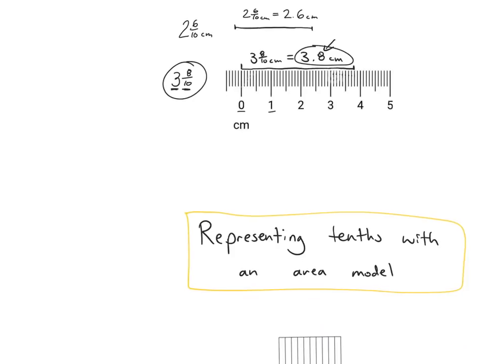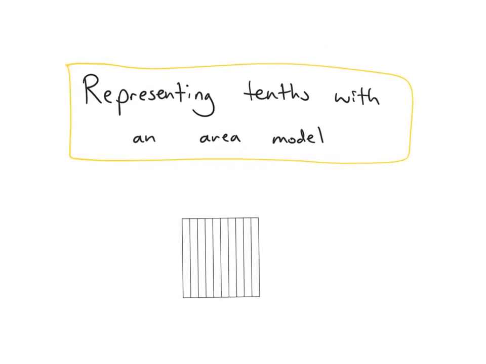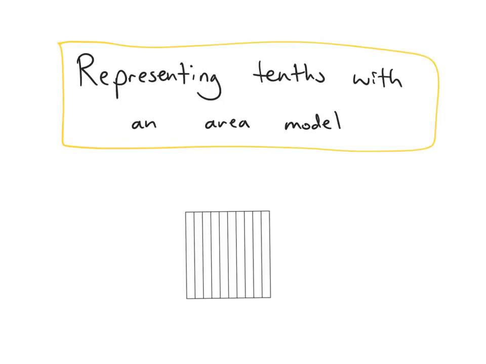Another strategy we can use to represent tenths is with an area model. This strategy should look somewhat familiar, though our area model does look a little bit different. We have a square, and if you count the partitions here, it's split into 10 equal parts. So each one of these lines is equal to 1/10. When we're using this area model, we're saying that this whole area model is equal to 1 whole, and each of these little lines is equal to 1/10.